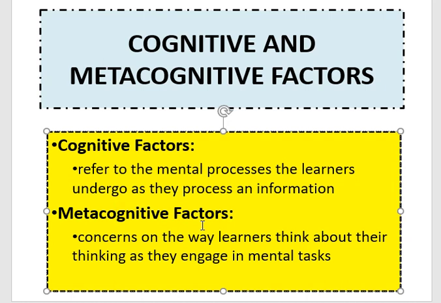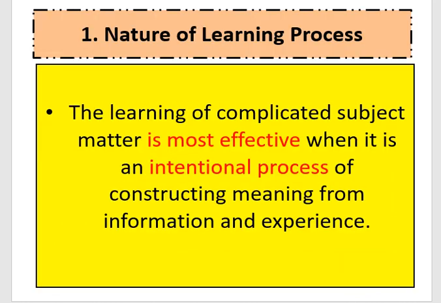You are thinking about the teaching and learning process or paano mo matutunan ang mga bagay-bagay. Under this domain, we have here the first, nature of the learning process. Dapat it is really intentional. Gugustuhin mo talagang matuto. Kasi mas natututo ka if it is intentional.